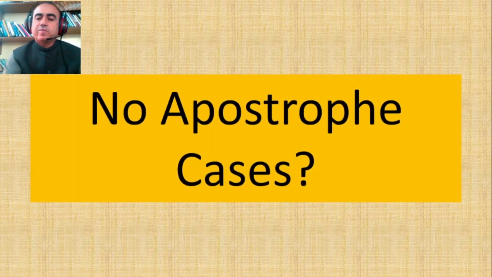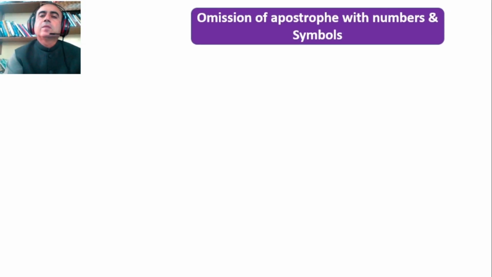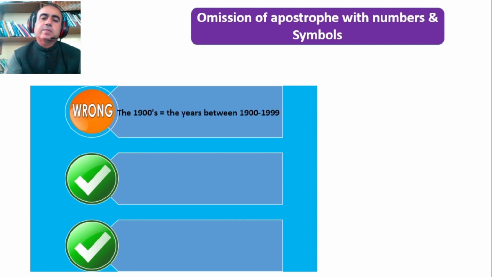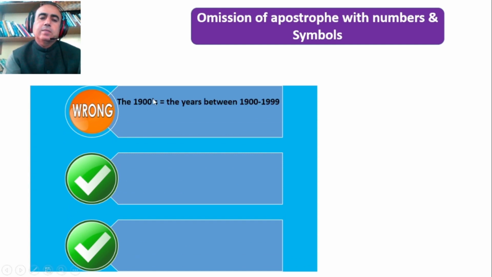And no apostrophe: cases where there should be no apostrophe. Okay, the apostrophe is omitted with certain numbers and symbols. Here is the case. The 1900's, if it is with an apostrophe, yes, it is wrong. MP3's with an apostrophe S is wrong.